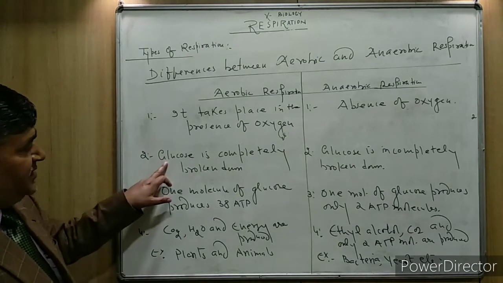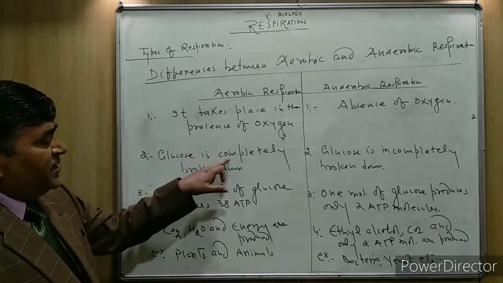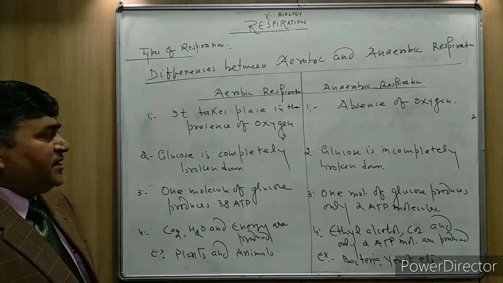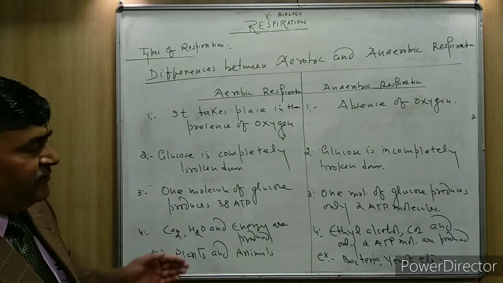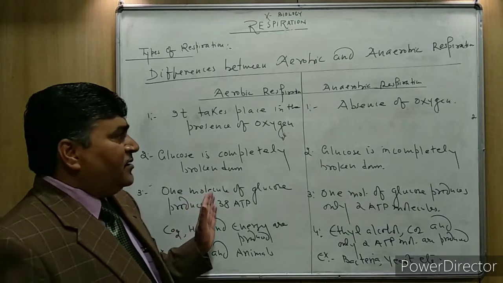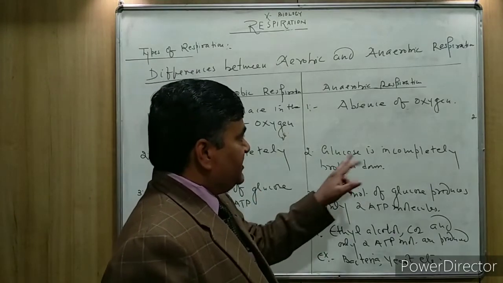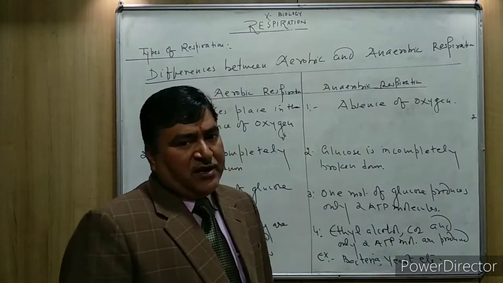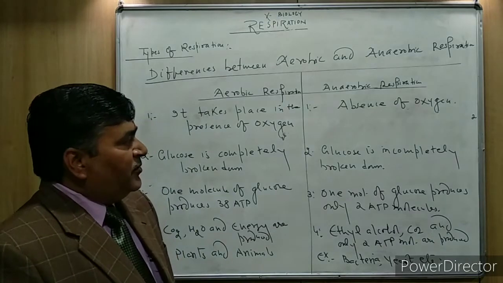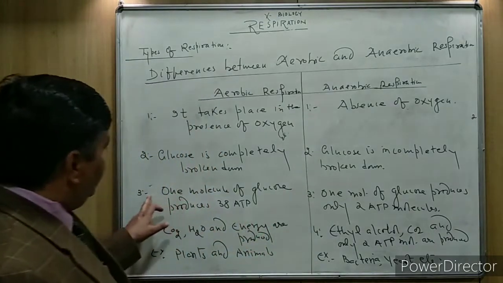In aerobic respiration, the food, that is glucose, is completely broken down, completely oxidized. Whenever oxygen is there, the food is completely broken down, and when oxygen is absent, the glucose is incompletely, partially broken down, incompletely oxidized.